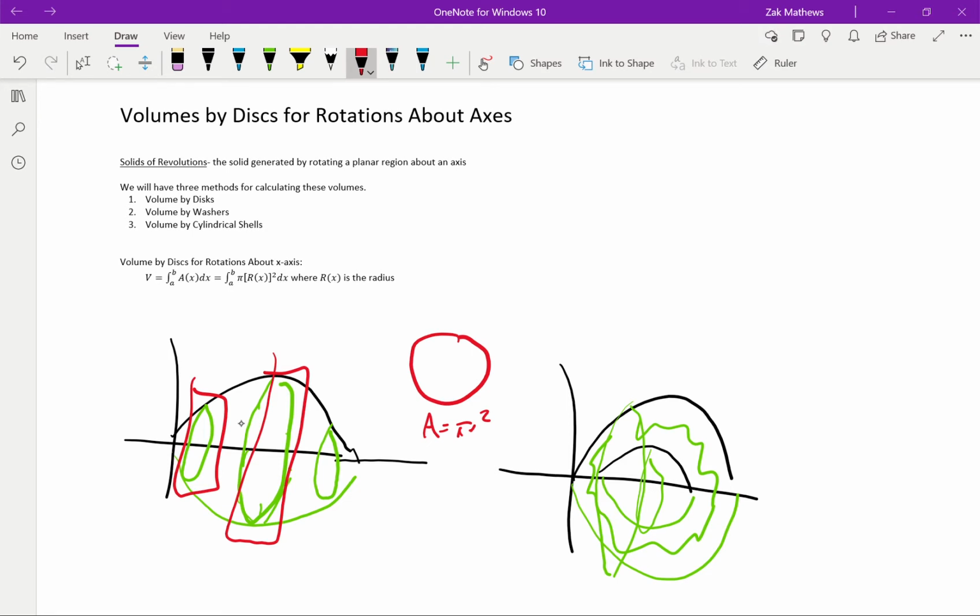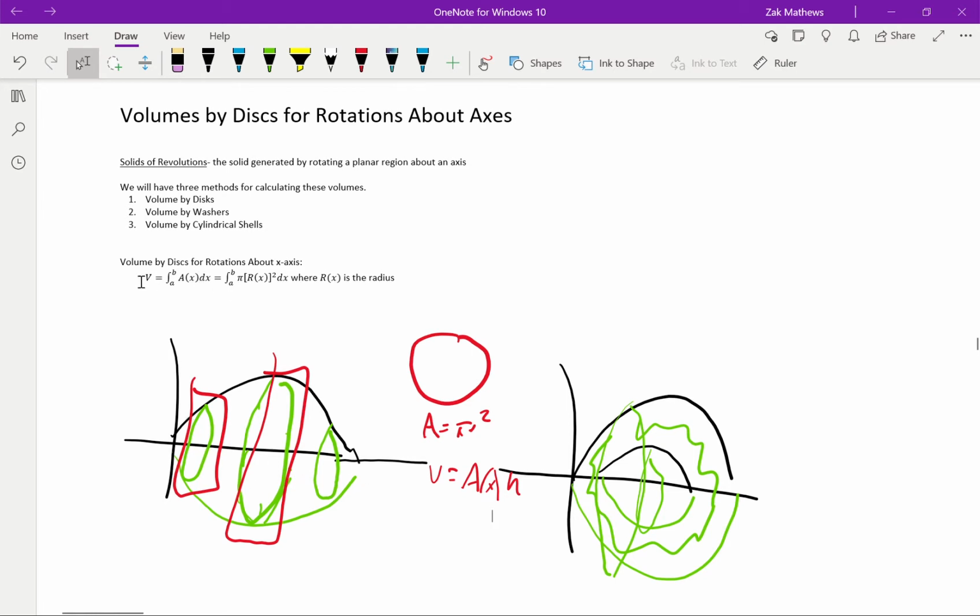And so to get to that volume, we're going to take our area and multiply by the height. Now, those areas are changing. That's what's going to give us the integral. That's why we need to set up an integral, because it's not just a consistent circle. We can see that this circle is obviously much smaller than this circle, and then they get smaller again. So we're going to have to do some integration here, because the radii of the circles are changing.